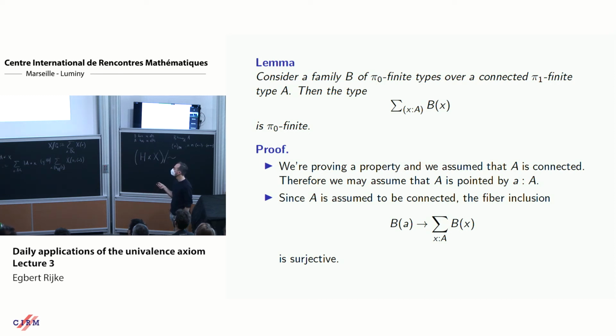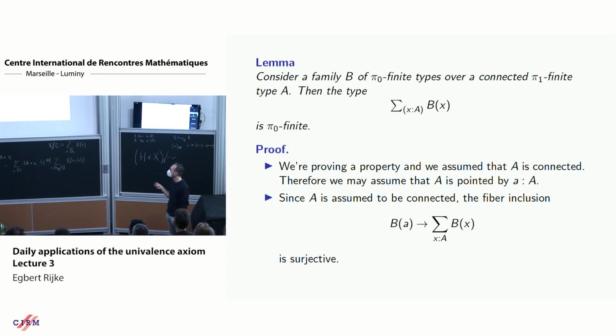So first we observe that A is connected. So this means the zero truncation of A is contractible. And we're going to prove a proposition, so we can assume that A is a point. That's just by the universal property of the set truncation. Okay, so we assume our A is pointed.